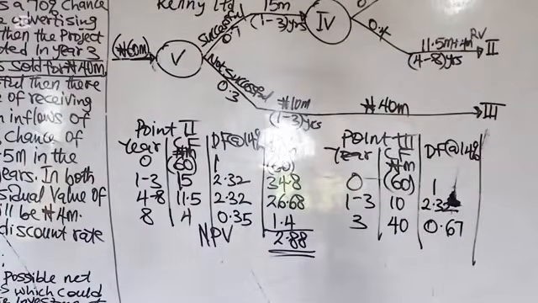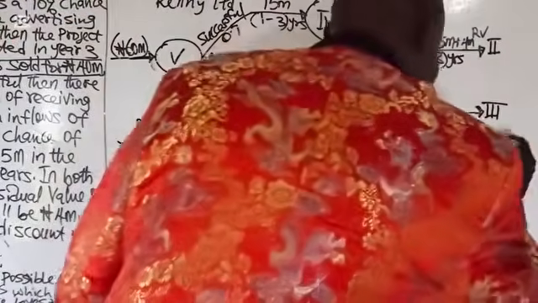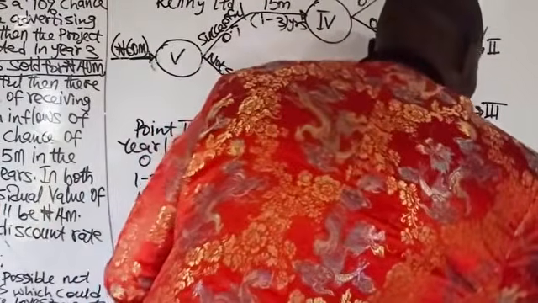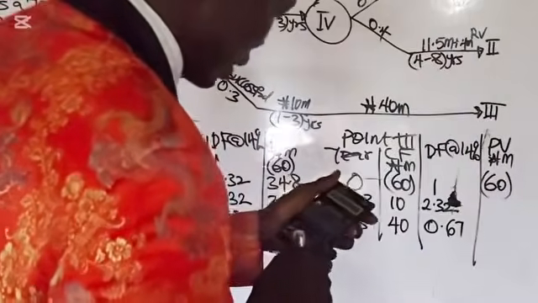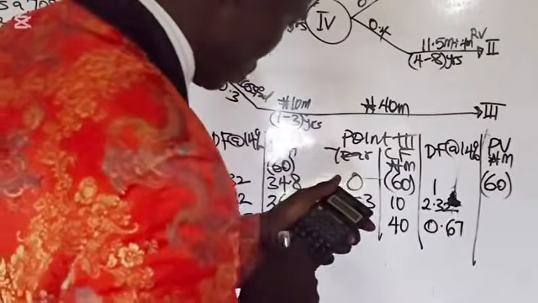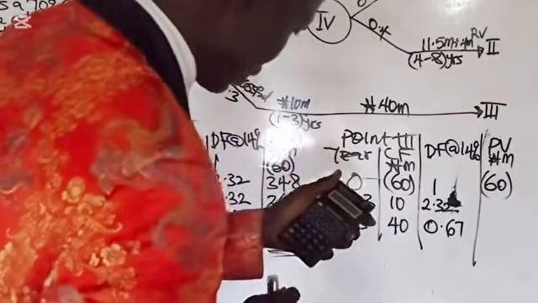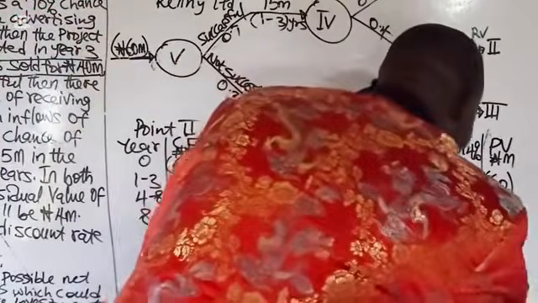So we have 60 million times 1. That is 60 million outflows. 10 times 2.32 amounted to 23.2.